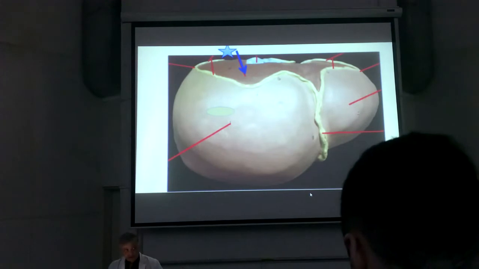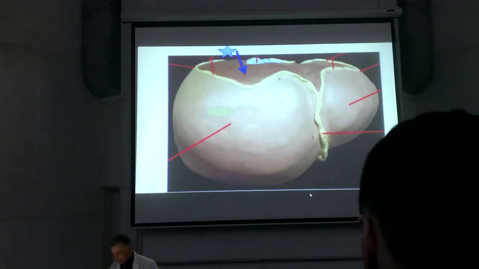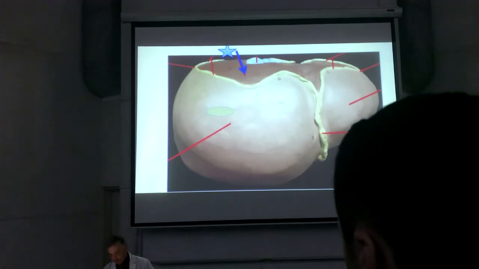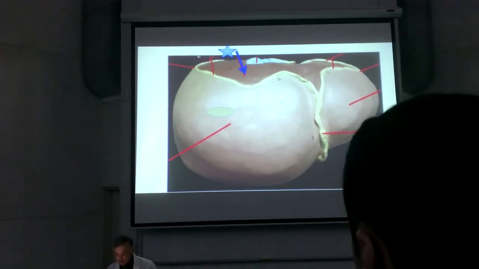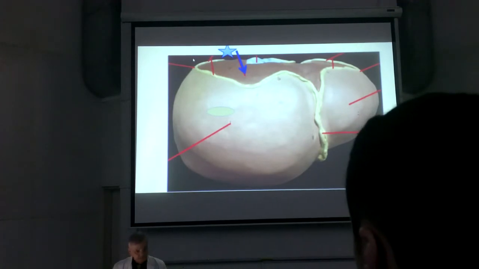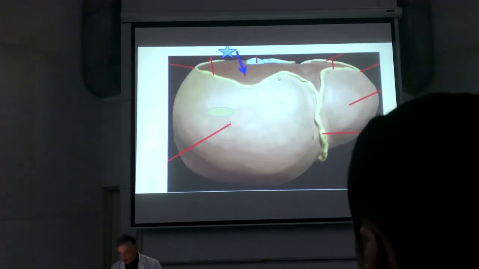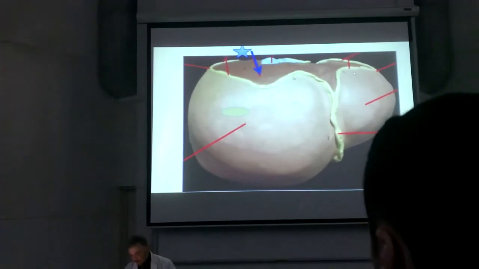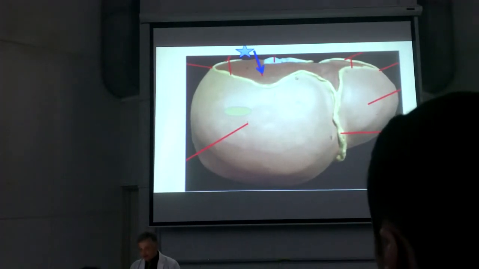This is what? This is the liver. This is the right lobe, this is the left lobe, and what covers the liver is the diaphragm. So if I put my hand here, it goes between the liver and the diaphragm. This is the right subphrenic space.